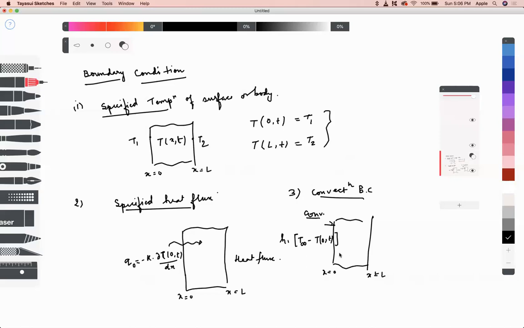Okay, this is how you can get a convection condition here. And since convected heat will eventually go into conducted heat into the system, we can also write minus k into dou T by dou x at location x equals 0 at time t. This way you can give all the three boundary conditions.